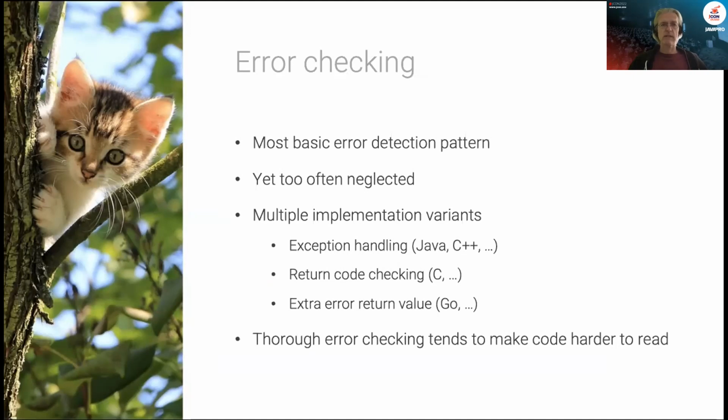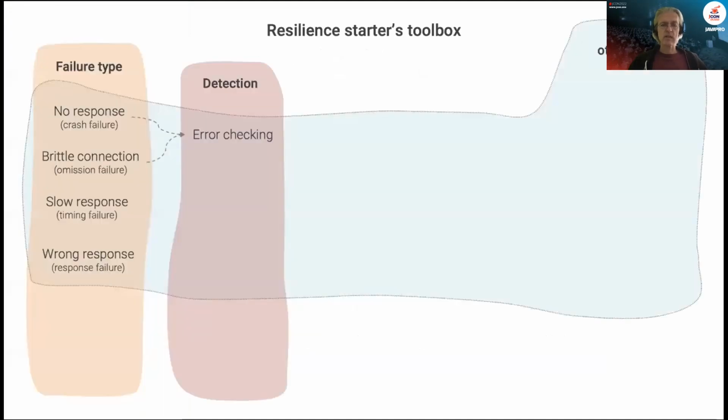So, error checking. The next thing, which we can use for many failure types, is checking for timeouts. Similar story, different effect. We don't get an immediate response that something went wrong. We get a response, we just don't get it in time.